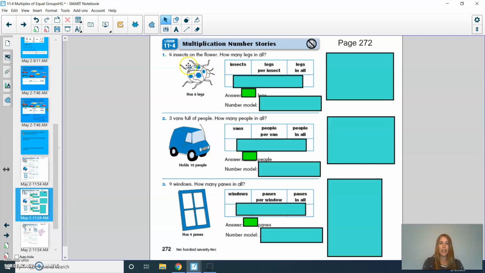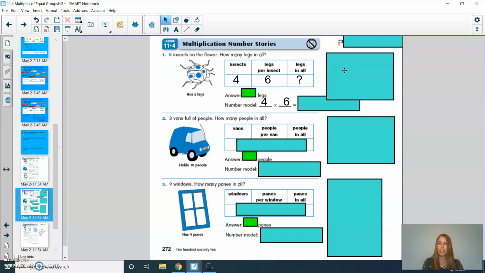All right, second graders, 4 insects on the flower. How many legs in all? So I'm going to first start by putting in my information. So I have my 4 in the insect column, 6 legs per insect, and I need to know how many legs in all. So I'm using that number model, 4 times 6.